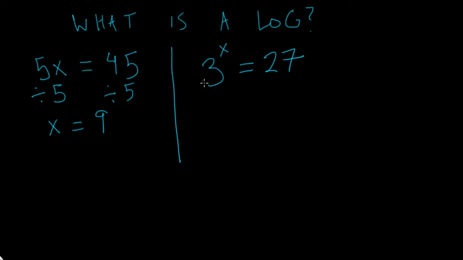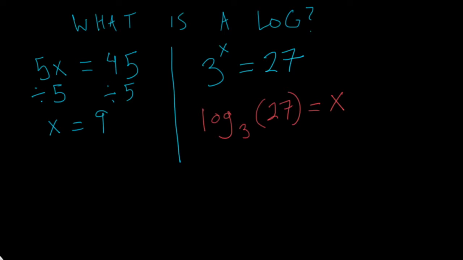So what we do is we actually use a log. We say log base 3 of 27 is equal to x. So we can understand logs as the opposite operation of a missing exponent.